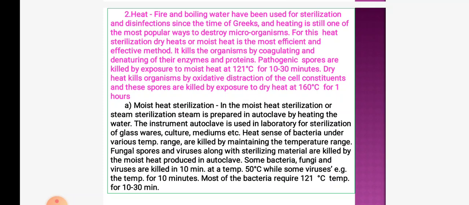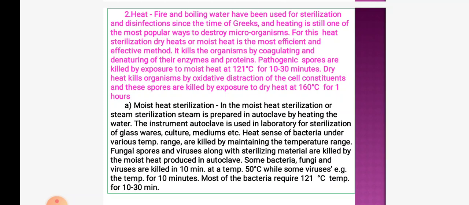Moist heat sterilization or steam sterilization is performed in the autoclave by heating water. The autoclave is used in the laboratory for sterilization of glassware and culture media. Heat-sensitive bacteria are killed under various temperature ranges by maintaining the temperature.